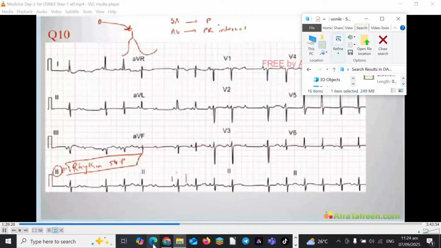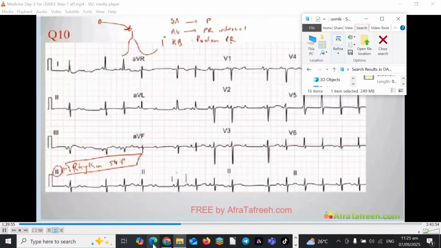When you call it a first degree heart block, that means the impulse started from the SA node is getting delayed while reaching the ventricles. That is called a first degree heart block. So first degree heart block is a prolonged PR interval.